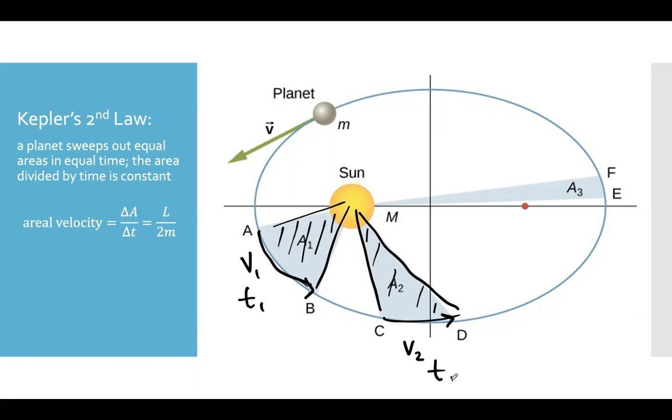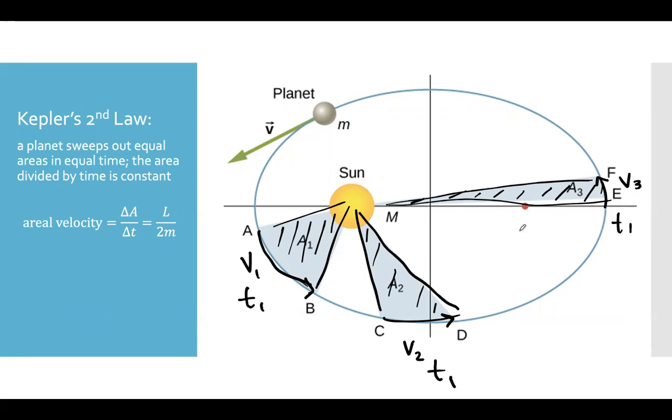Now, in this third portion, we have an even smaller little triangle looking thing, and again, we're going some velocity, but this area is still the same as these other 2. It's still sweeping out the same amount of area in the same amount of time, T1. So again, a planet sweeps out equal areas in equal time.